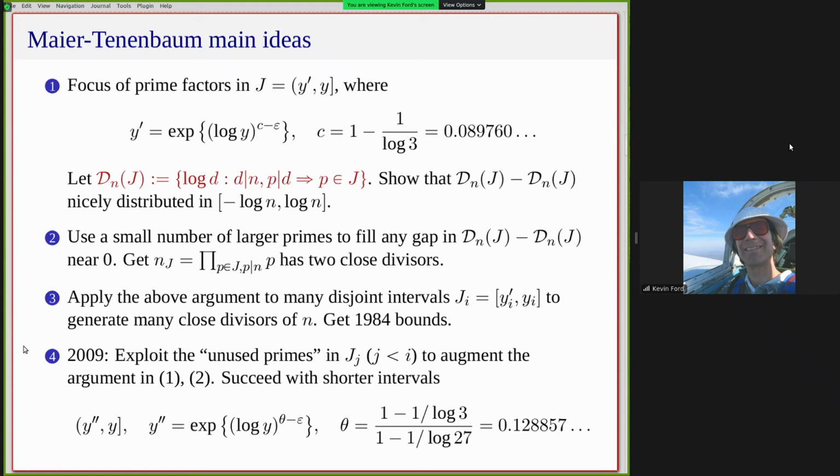In 2009, they exploited what are called unused primes from one set to generate divisors from the prime factors in the next set. Again, I'm being a bit vague here. I'll make this more specific later. And that allowed them to deal with shorter intervals. So this theta is quite a bit larger than the c that comes up here.